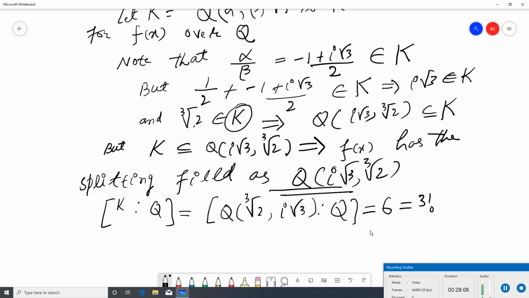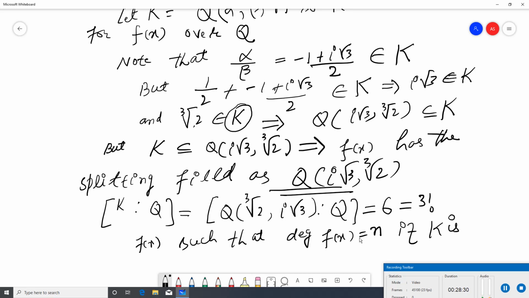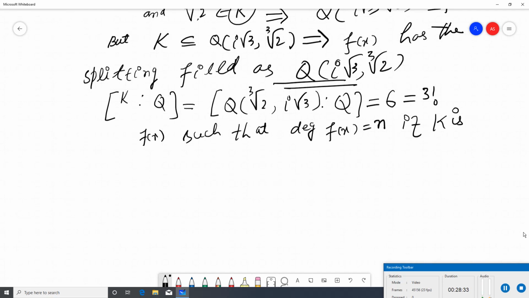So later on we will prove that suppose I have a polynomial f(x) of degree n, and K is the splitting field of f(x).